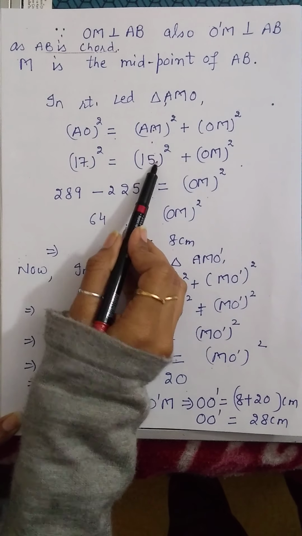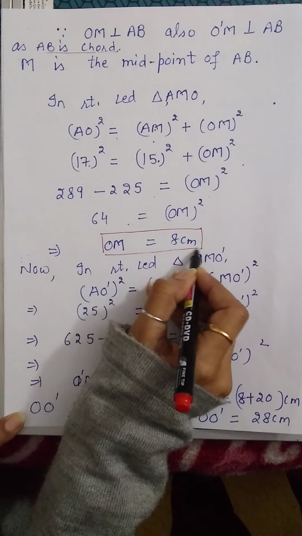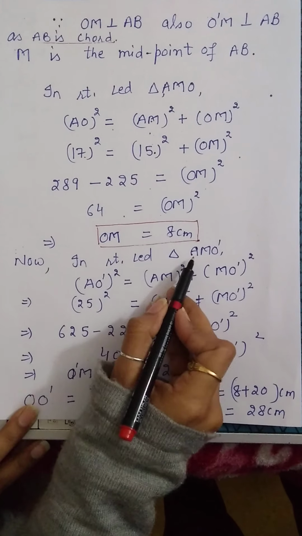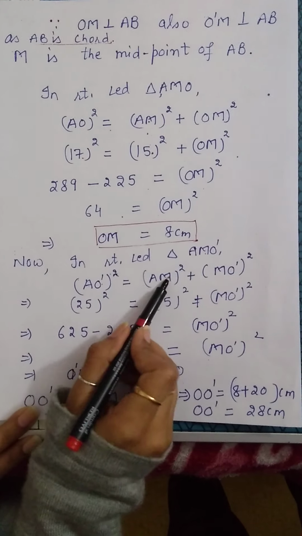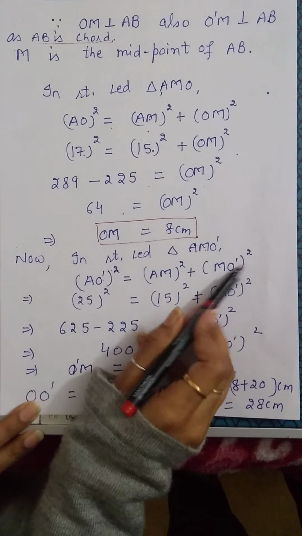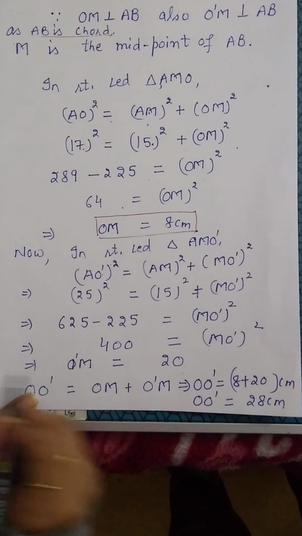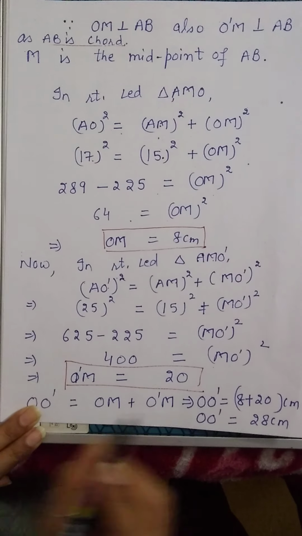Substituting the values, I get OM is equal to 8 centimeter. Let's take another triangle AMO dash. Here AO dash whole square is equal to AM square plus MO dash square. After substituting the values here, I will get O dash M as 20.